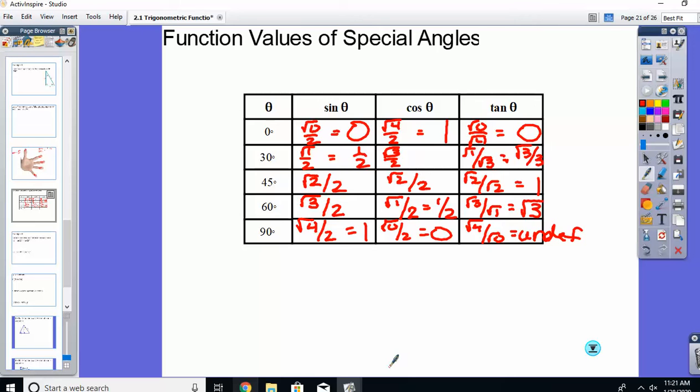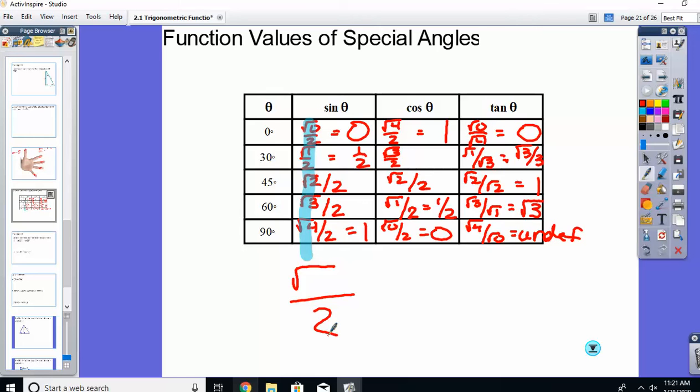As far as patterns, if you're looking at this table, you can kind of see the pattern for sine is square root of 0 over 2, square root of 1 over 2, square root of 2 over 2, square root of 3 over 2, square root of 4 over 2. And cosine is just that in reverse, because we know they're cofunctions.